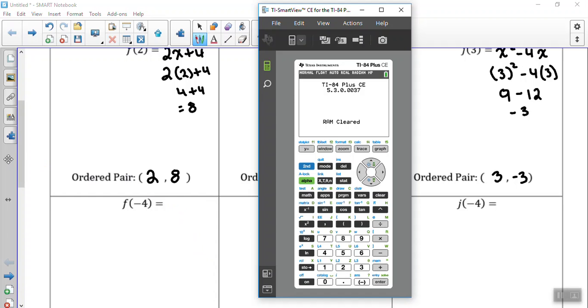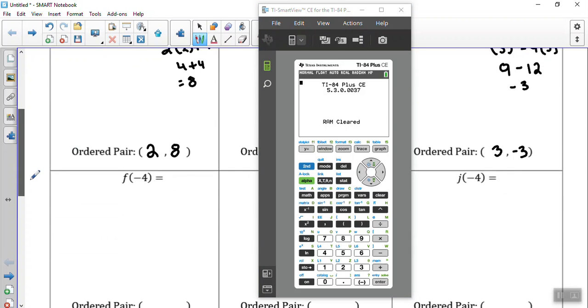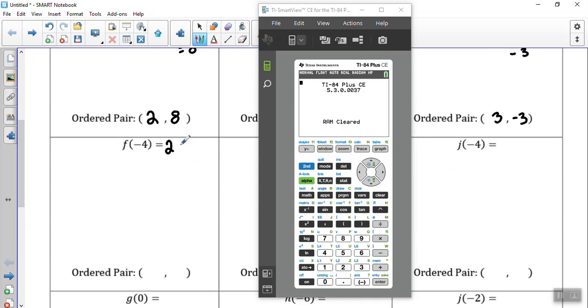So for this example, it's calling the f function, which is 2x plus 4. Let me just write that down so I know what that is. 2x plus 4. And then I am plugging in my negative 4 for my x, so I'm going to put parentheses for my x and plug it in.